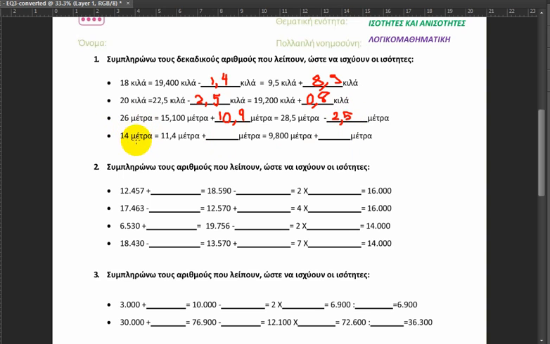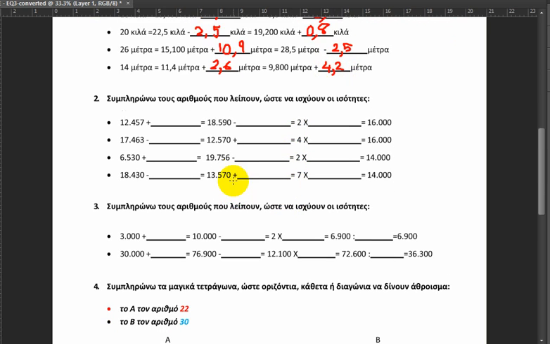Here, the difference between 14 and 11.4 is 2.6. So you got carried away there. The difference between 14 and 9.8 is 4.2. Next.